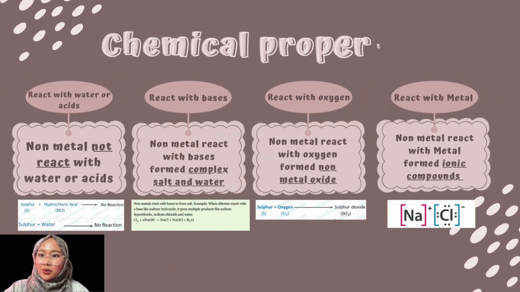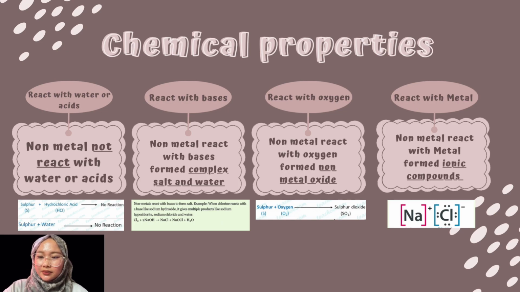For the chemical properties of non-metals, there are 4 types, which are reaction with water or acids, reaction with bases, reaction with oxygen, and reaction with metal. For the reaction with water or acids, non-metals do not react with water or acids. For the reaction with bases, non-metals react with bases to form complex salts and water.